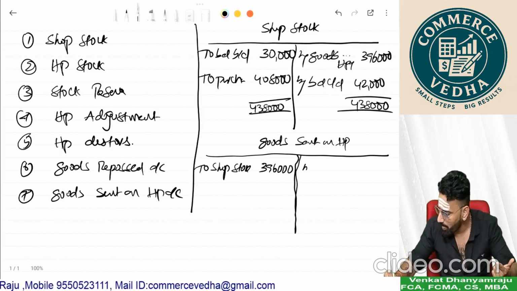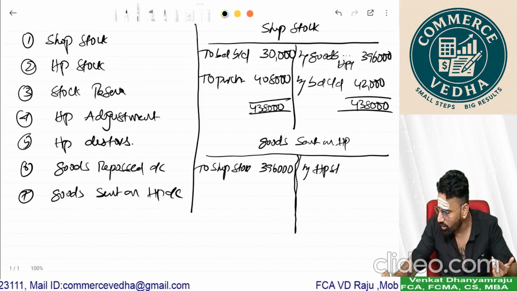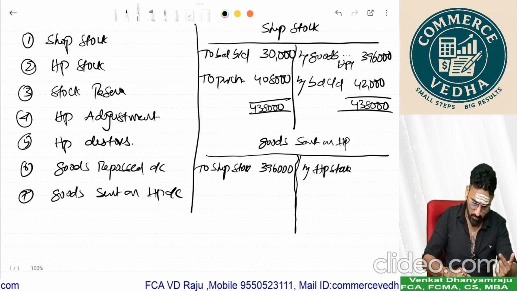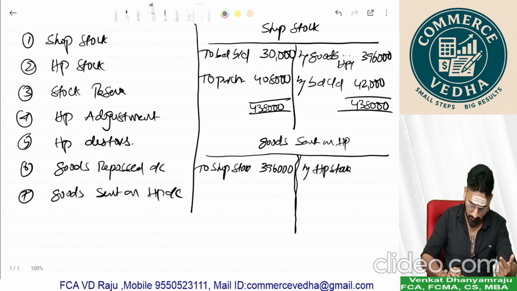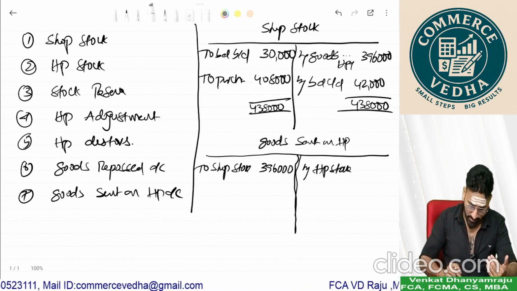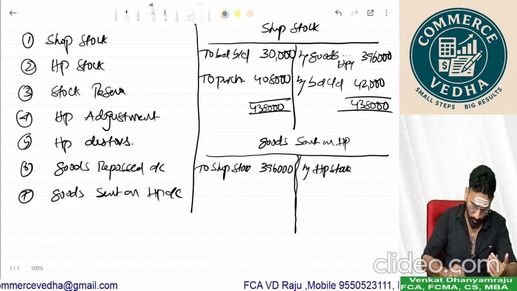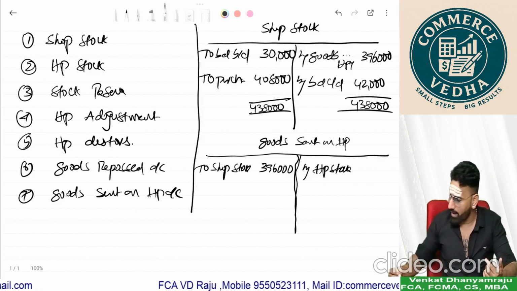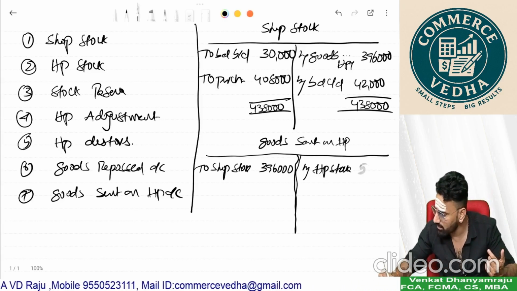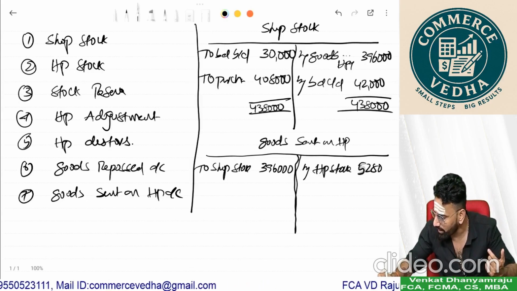So by hire purchase stock, what we did, 3,96,000, we added the profit, 1.3333, which is 5,28,000.